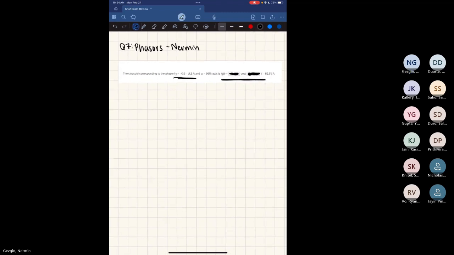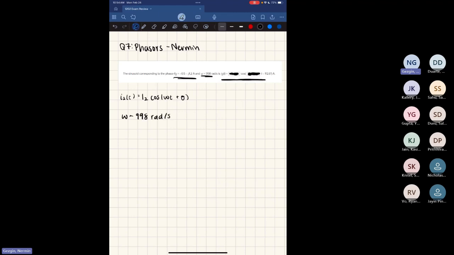I would write this cosine equation, the one for the sinusoid in the time domain: I2 of t is equal to I2 cosine omega t plus theta. We're given omega right here, so it's just a matter of plugging this in. It's 998 radians per second.